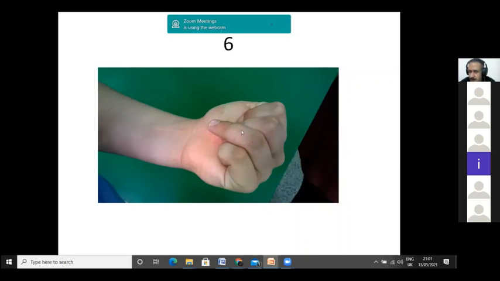Everybody clench the fist and see: the ring finger protrudes a bit more than the rest of the fingers. That is the reason why jersey finger is commonly seen in the ring finger.